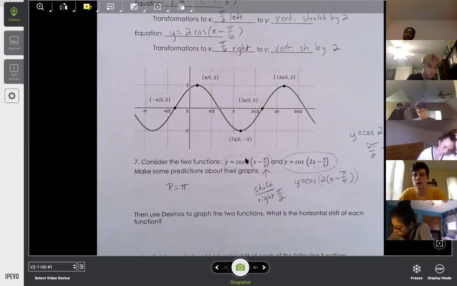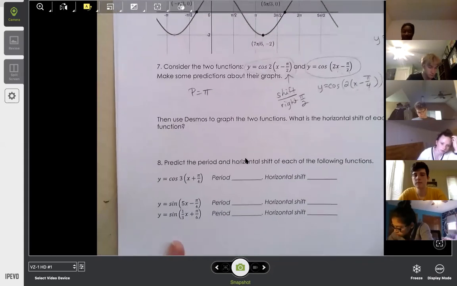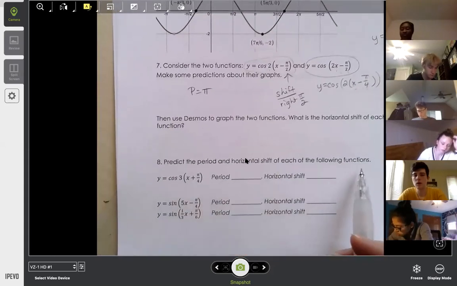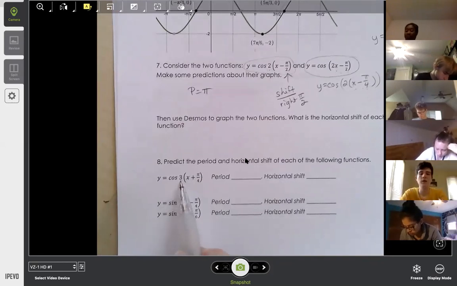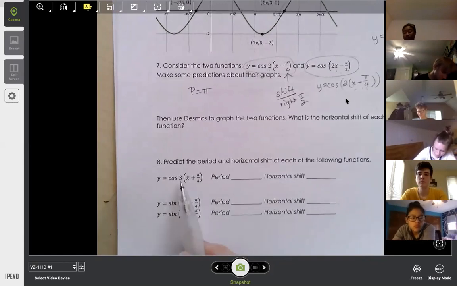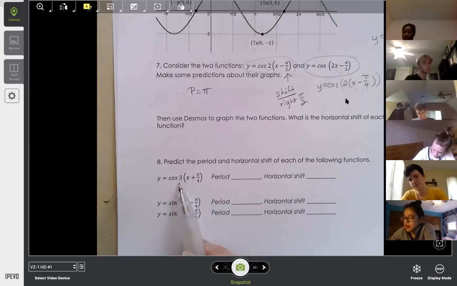All right. So let's look at this. Predict the period and horizontal shift of each of the following functions. 3 times the quantity x plus pi over 4. What is this 3 going to do? How's it going to affect the period? What's the period going to be? Anna, can you tell me the period? Isn't the period gonna be 3? Nope. Remember we said when this number is bigger than 1, the period gets smaller.